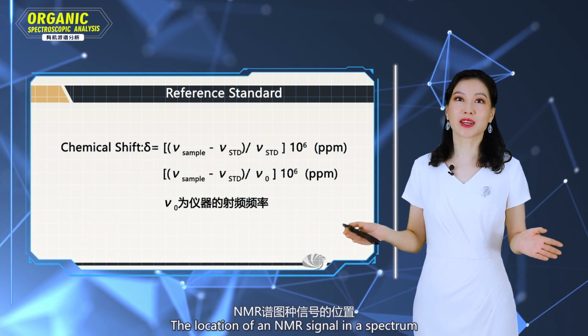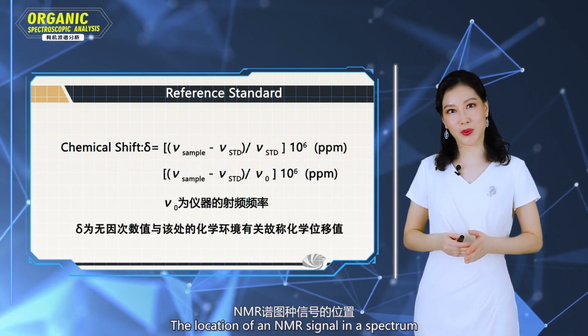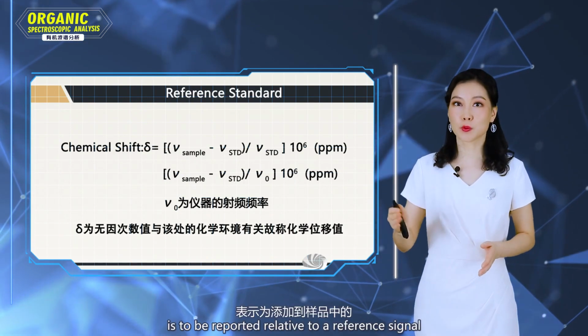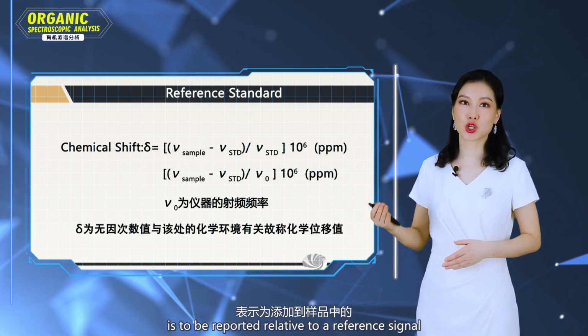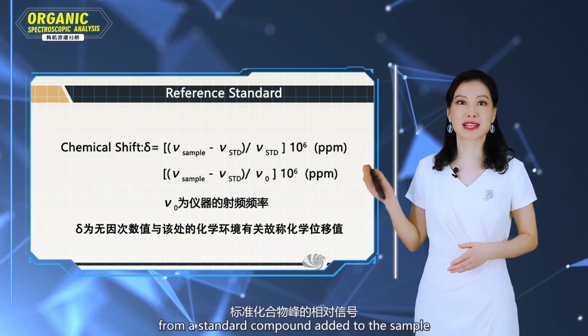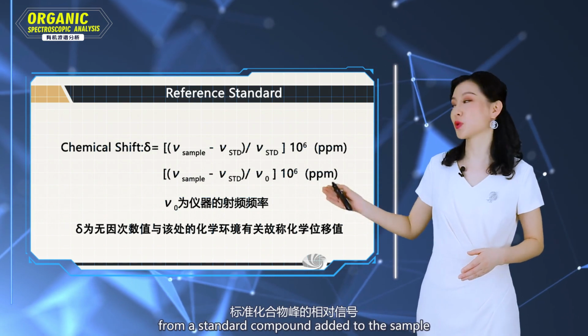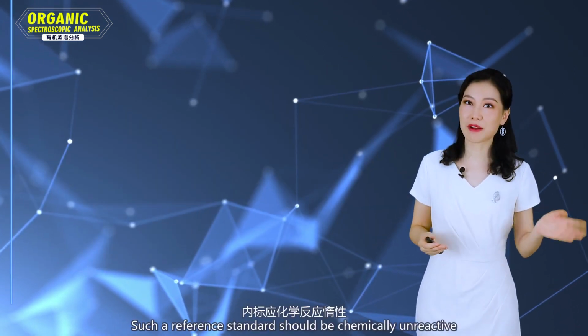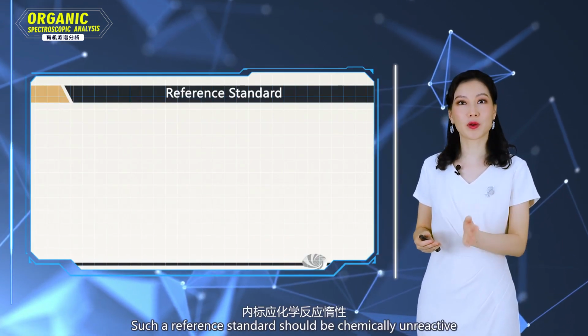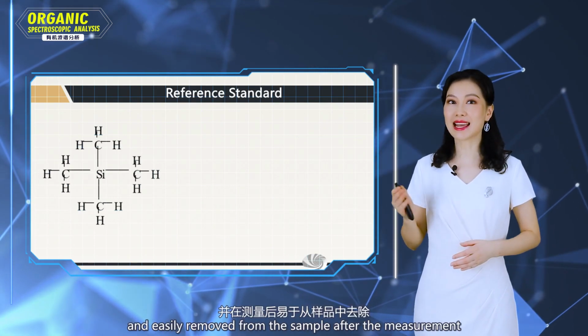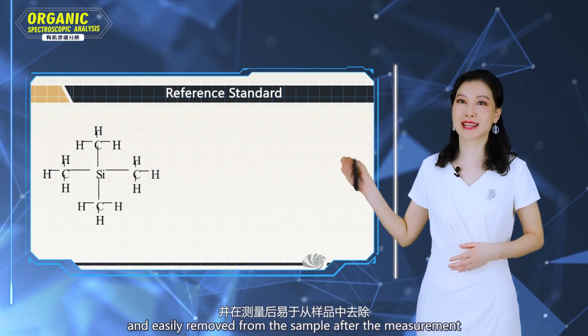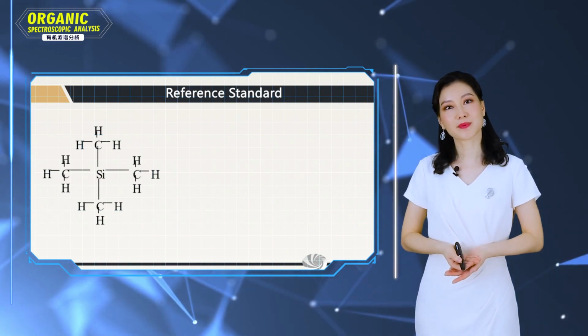The location of an NMR signal in a spectrum is reported relative to a reference signal from a standard compound added to the sample. Such a reference standard should be chemically unreactive and easily removed from the sample after the measurement.